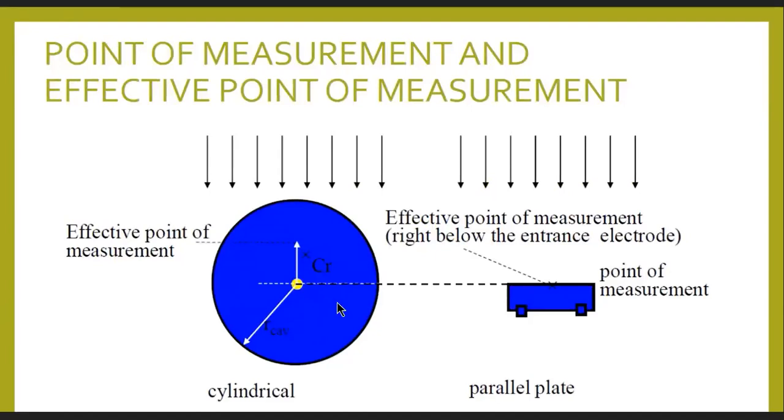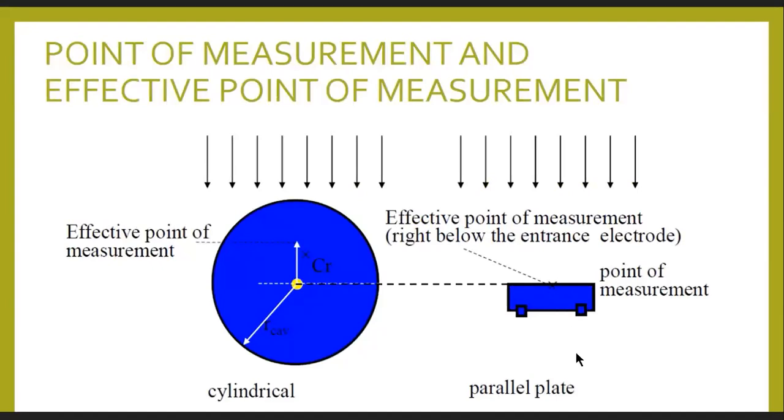Yet the effective point of measurement is at a shallower depth, closer to the source, depending on the type of beam that we are calibrating. For a parallel plate chamber, the point of measurement is at the front surface of the air cavity, and the effective point of measurement is also at that point.